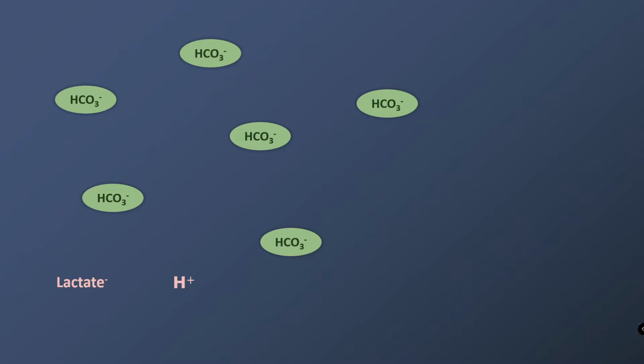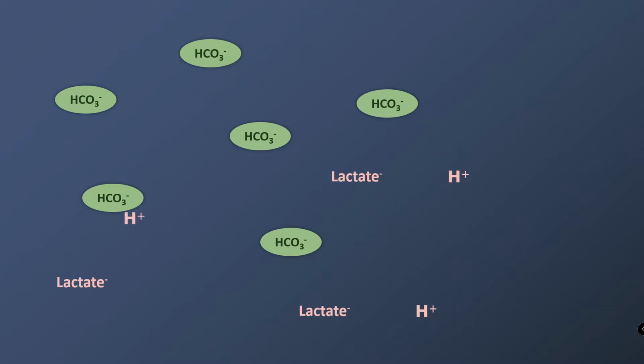So what will this proton be doing? Because this proton can decrease the pH quickly, the bicarbonate will come into action and fight with this proton. They will neutralize this proton. Of course, we have more and more lactate and more protons. We are not just having a single lactate and a single proton.